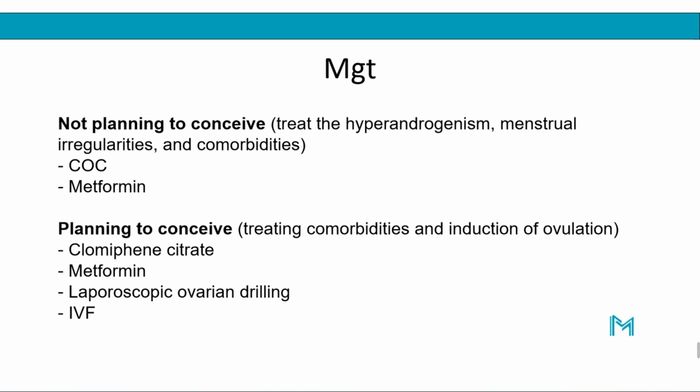Other medication like metformin, as I mentioned, also has that benefit, and is especially good for patients who are overweight as well. Other options include laparoscopic ovarian drilling, which basically cuts off chunks of the ovaries to reduce the amount of androgen being produced from the ovaries.